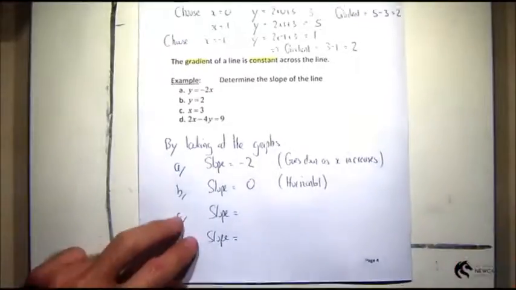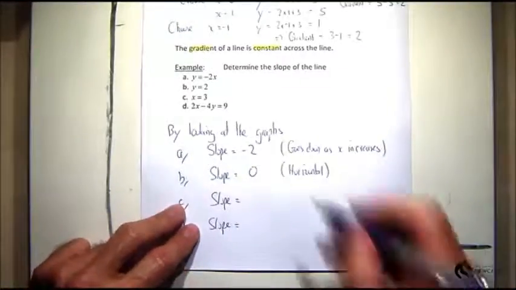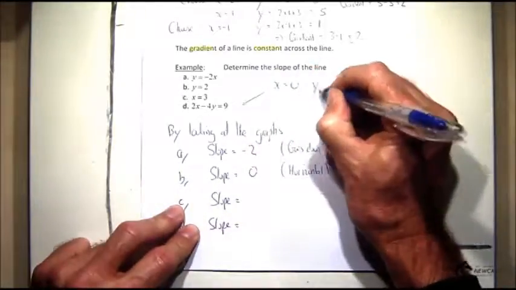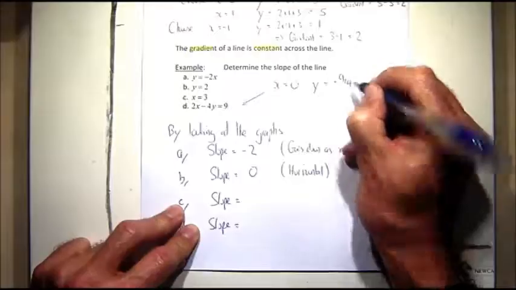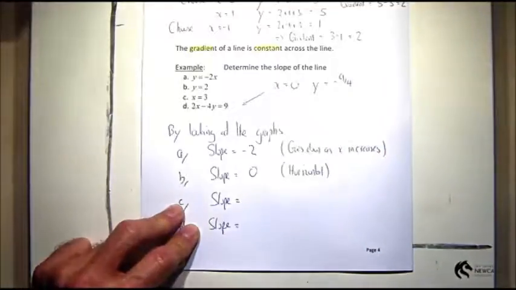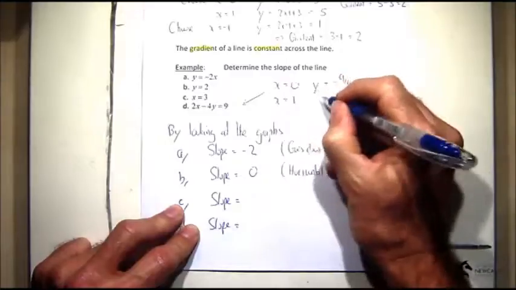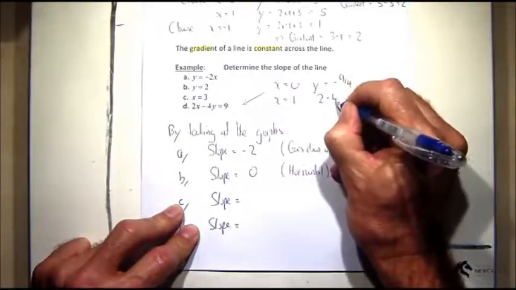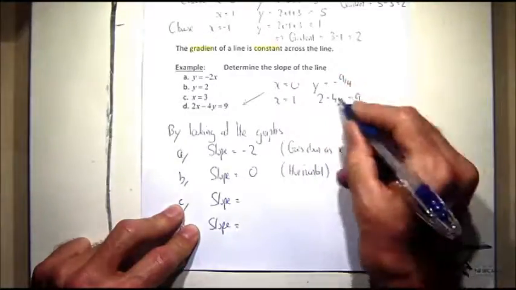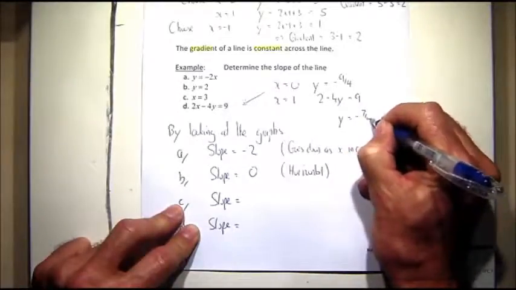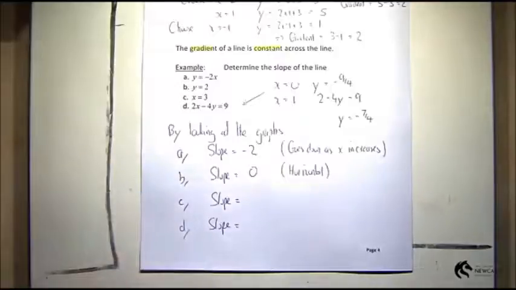But for the moment, we had in here, when x is equal to 0, we said y was equal to minus 9 on 4. Now, when x is equal to 1, I have 2 minus 4y is equal to 9. So minus 4y is equal to 7. So y is equal to minus 7 on 4.